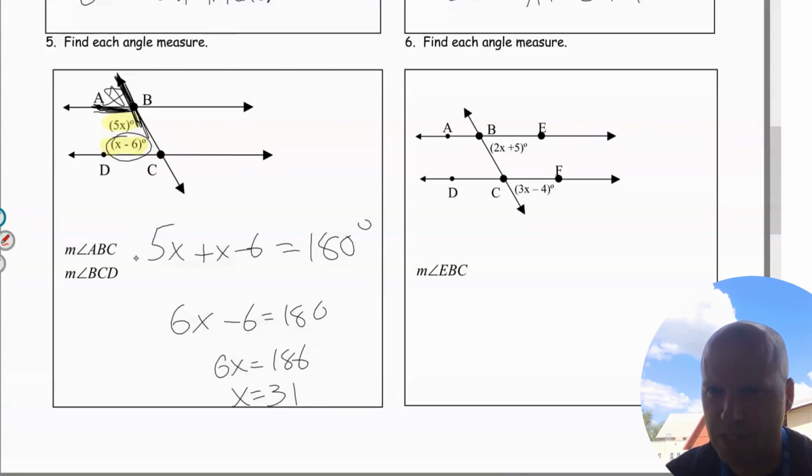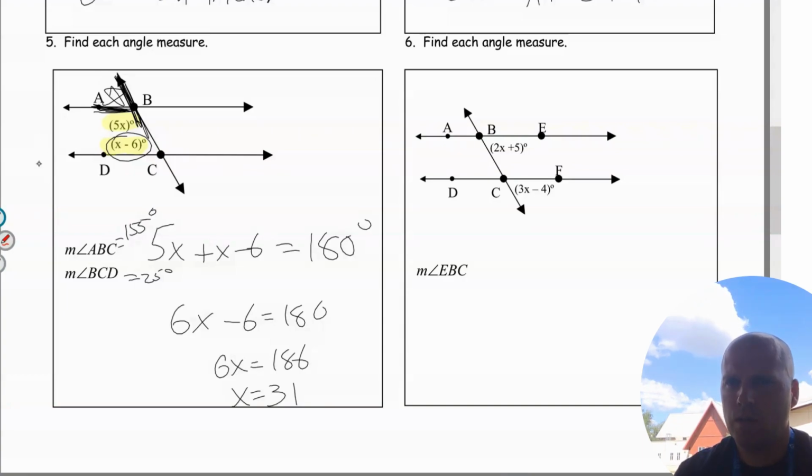So BCD is 25 degrees. And if that's 25 and they add up to equal 180, then this has to be 180 minus 25, which is 155. And if you double check, 31 times 5, 155. Check.